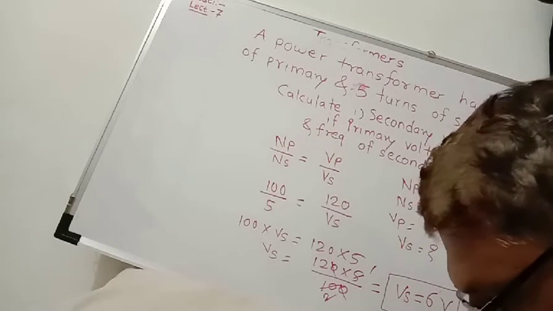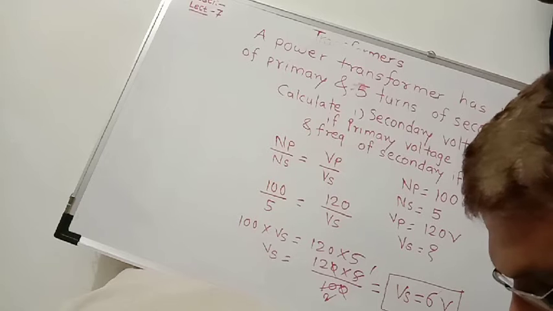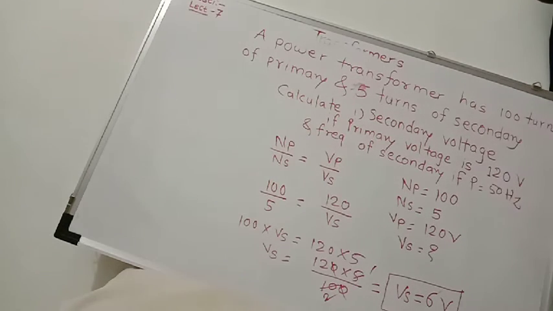Now we have to calculate transformer efficiency. So what is transformer efficiency? Percentage efficiency is equal to output power divided by input power into 100.